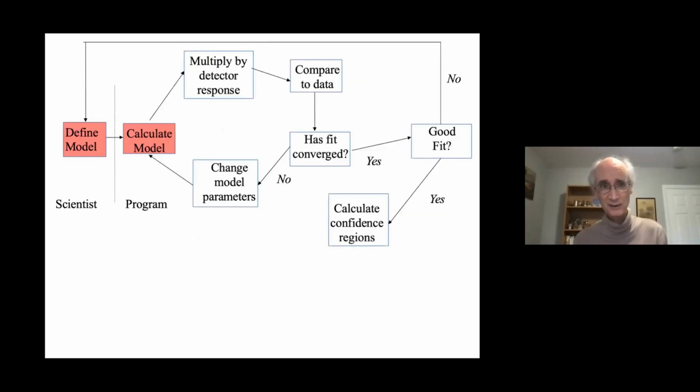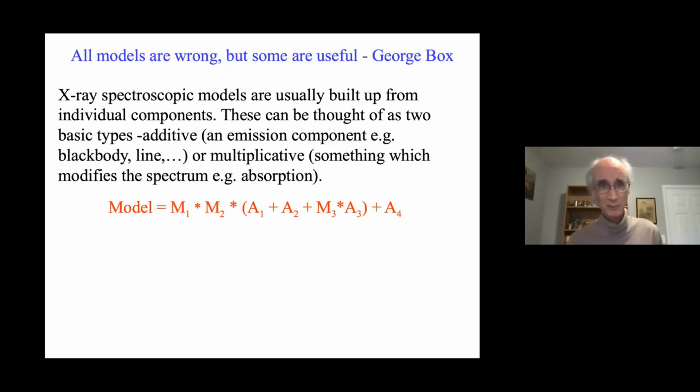Okay, so first I want to say something about the defining the model part of this. The way I'm going to give this talk is I'm going to go around all these little boxes. My favorite statistical quote is from a statistician called George Box: all models are wrong, but some are useful.